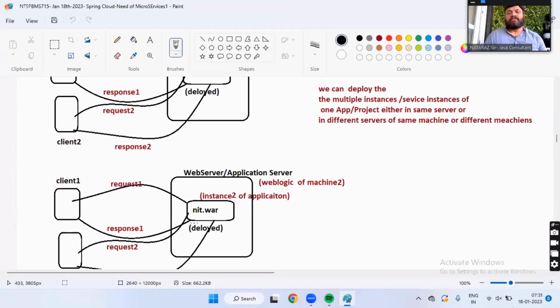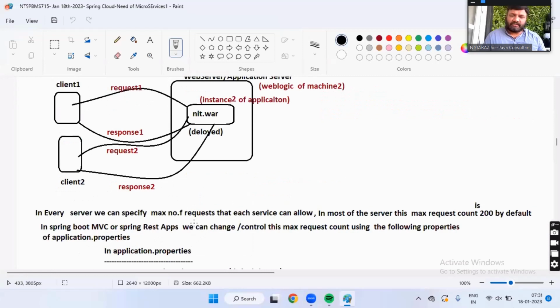What's the use of these multiple instances? Load balancing and transparent failover. When multiple requests are given to the application, different requests will go to different instances to manage the load, to balance the load.